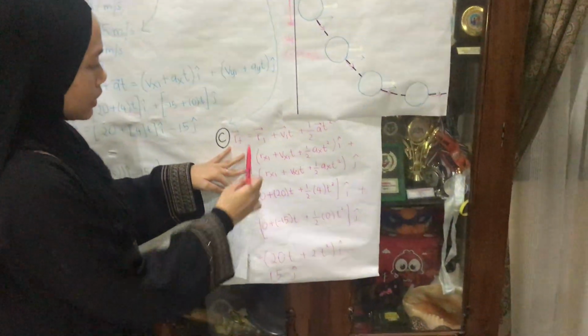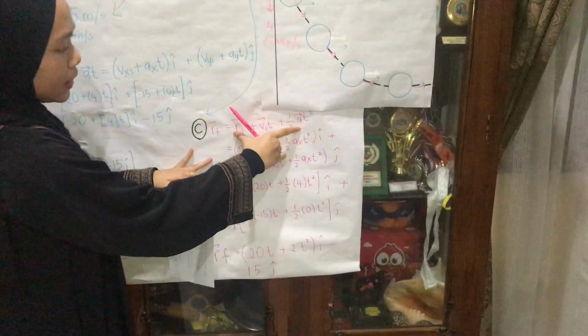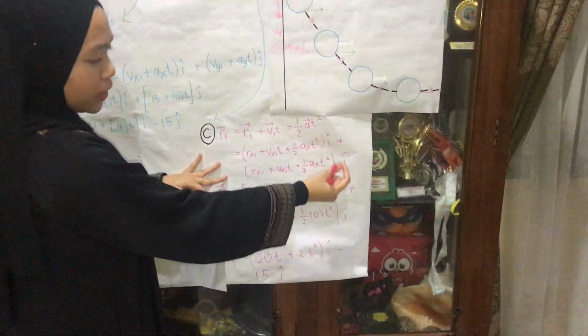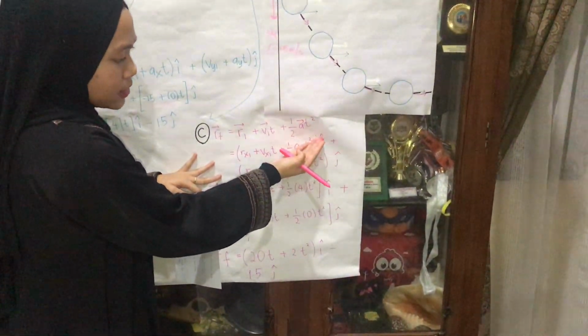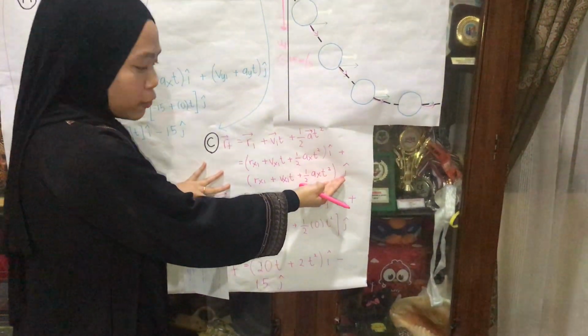Just like question A, we must put all this according to i unit and j unit, which is the x component for i unit and the y component for j unit.